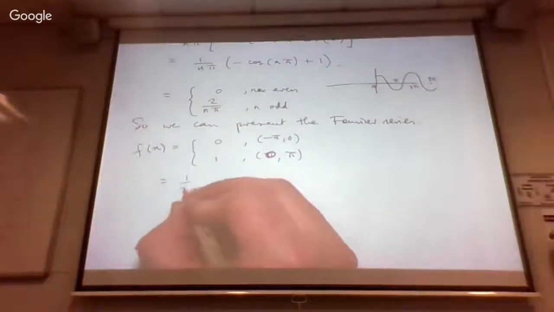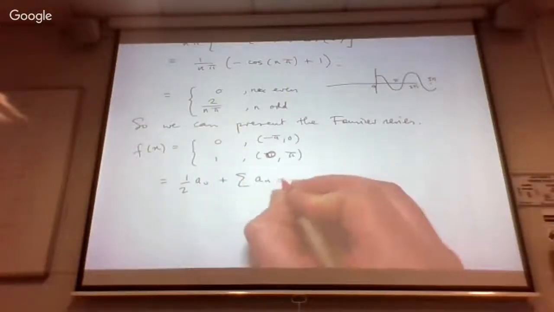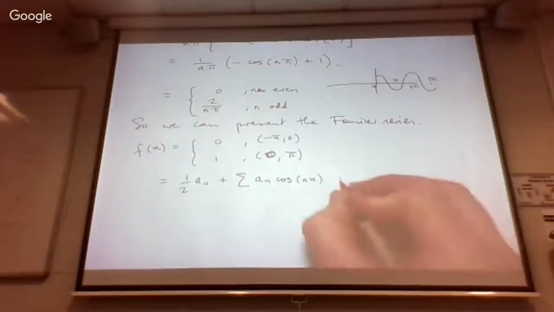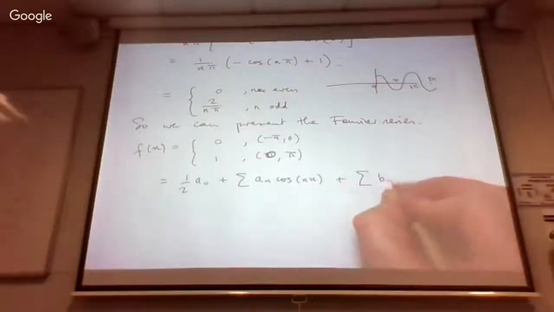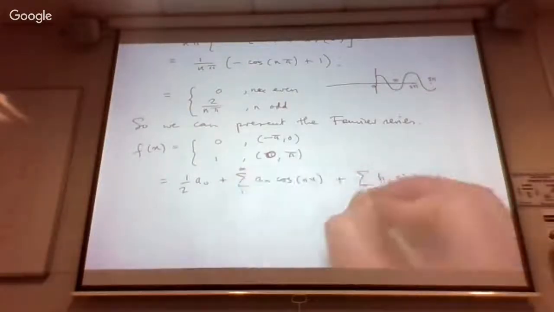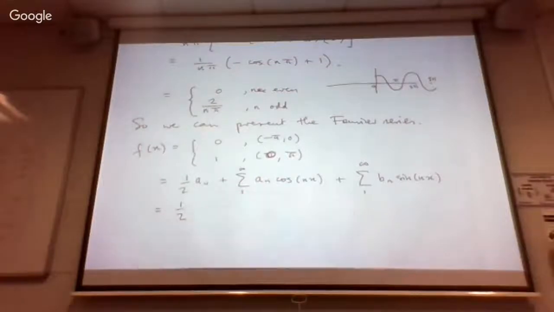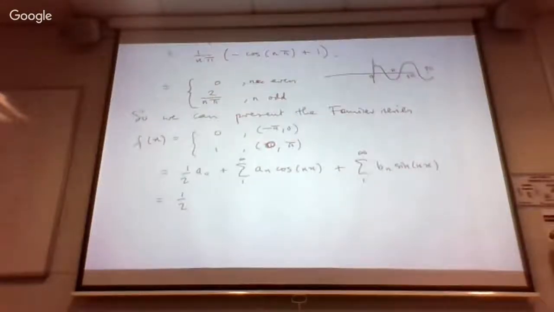It's half of a naught plus the sum of all the an's cosine nx plus the sum of all the bn's sine nx, n going from 1 to infinity in both cases. A naught we had as 1, so that's a half. The an's were all 0, so they don't feature. So we just get the bn's.